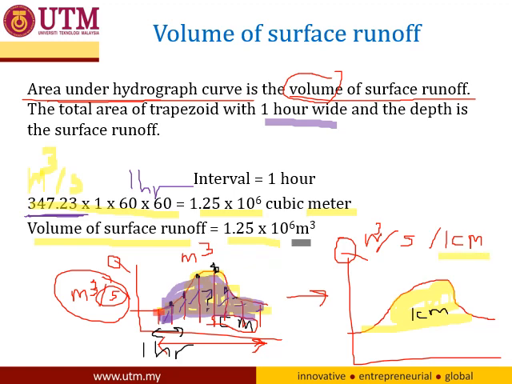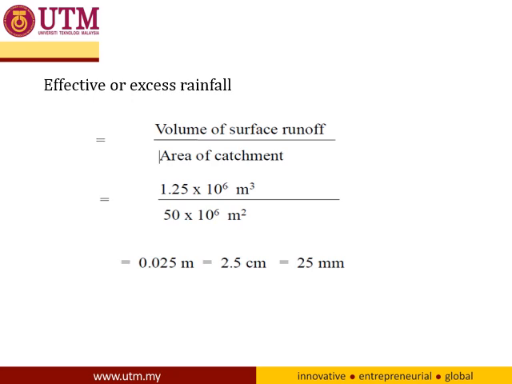So what do you do next? You calculated before in unit meter cube. You already removed the second because you multiplied by 1 hour, the time interval, so you only get the volume of the surface runoff.